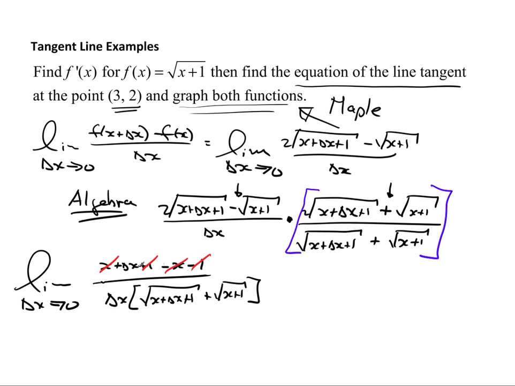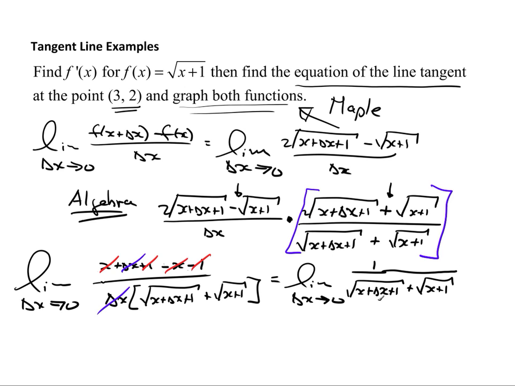Well, when that happens, I can cancel the delta x with a delta x in the denominator because this is multiplication right here. And that then gives me the limit as delta x goes to 0 of, the numerator is now simply 1, over the square root of x plus delta x plus 1 plus the square root of x plus 1.